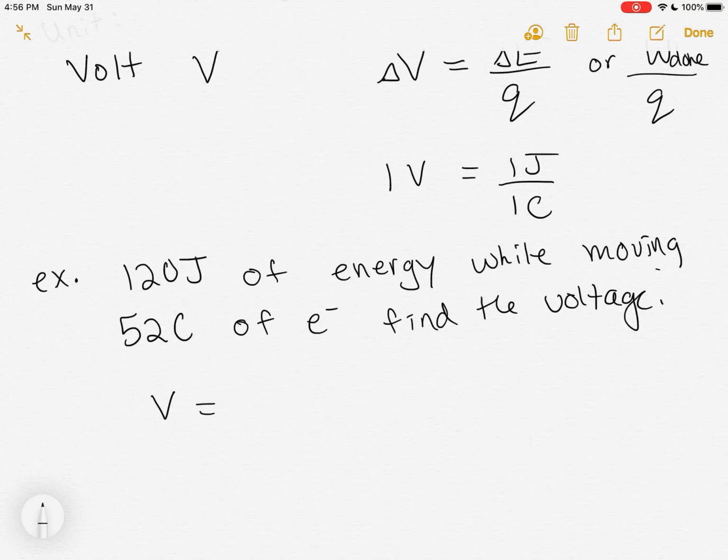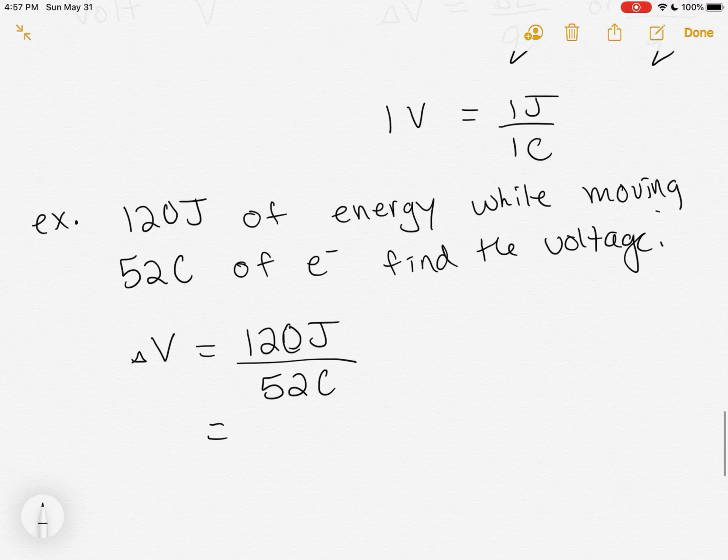All right, so if we want the voltage, we are going to have to do the energy or the work divided by our charge, 52 coulombs. So we get 2.3 volts as our voltage here.